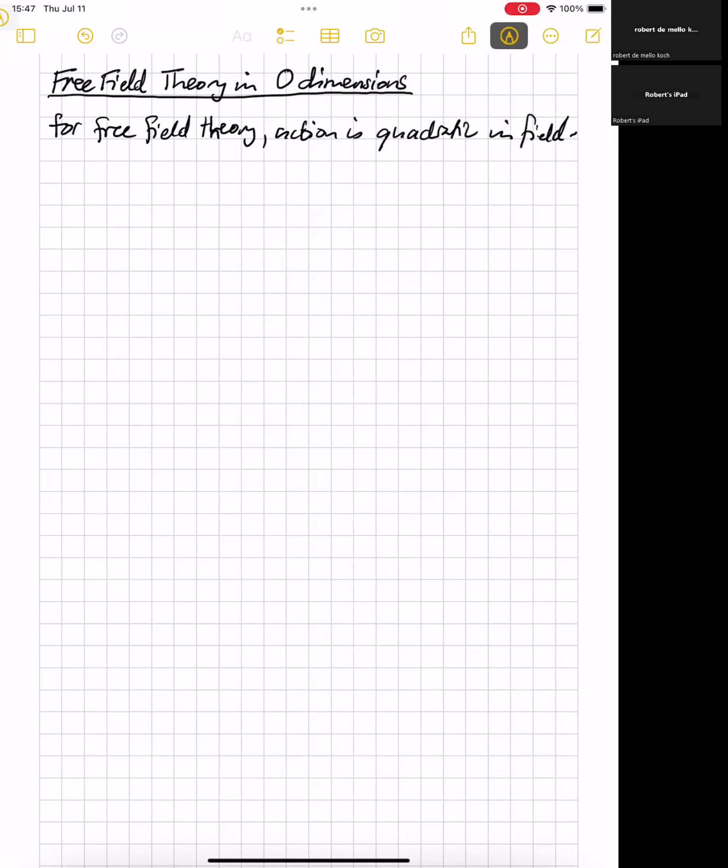Well, this should be clear to you. If you work out the equation of motion, what would you do? You would use the Euler-Lagrange equations. So if your action is quadratic, then the equation of motion is linear.